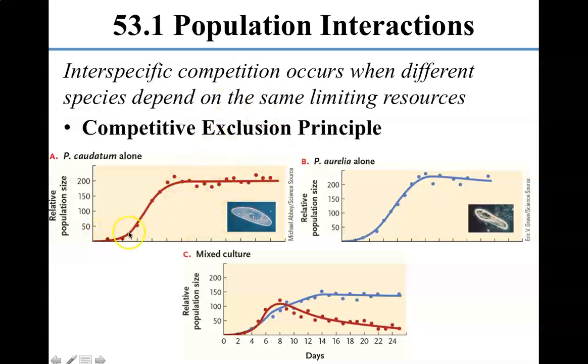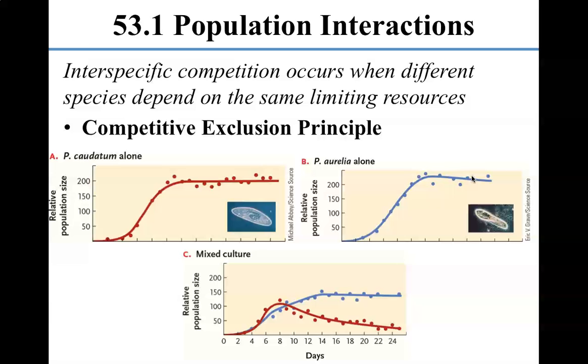And its population grew exponentially, and then it kind of flattened out over time. So it was able to eat this food, and its population grew, and everybody's happy. Then they did the same thing with another species, Paramecium aurelia. They put it in a vial with plenty of food, population grew, and then it leveled out. Okay, but in those first two examples, there wasn't interspecific competition, I should say.